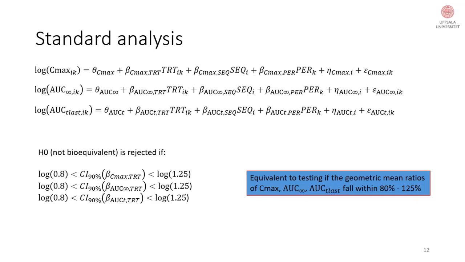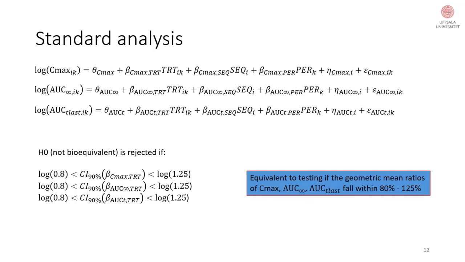You'll compute a mean value. You'll compute a treatment effect, so the difference between test and reference product. You'll compute sequence effects and period effects if you're doing crossover studies. You'll have a between subject variability term, and then you'll have a between occasion variability term, which is the same as residual variability when you only have 2 observations per individual.